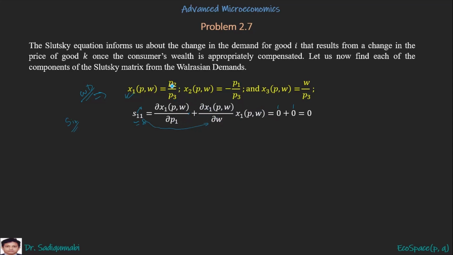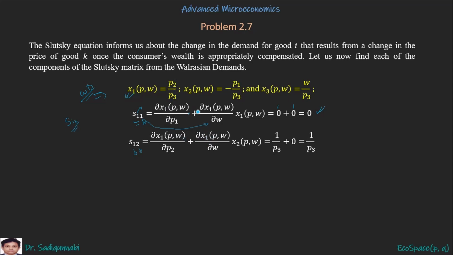Next for 1 2, good x1, price p2. So p2 is there in the first part, so 1 by p3. In the second, there is no W, so 0.